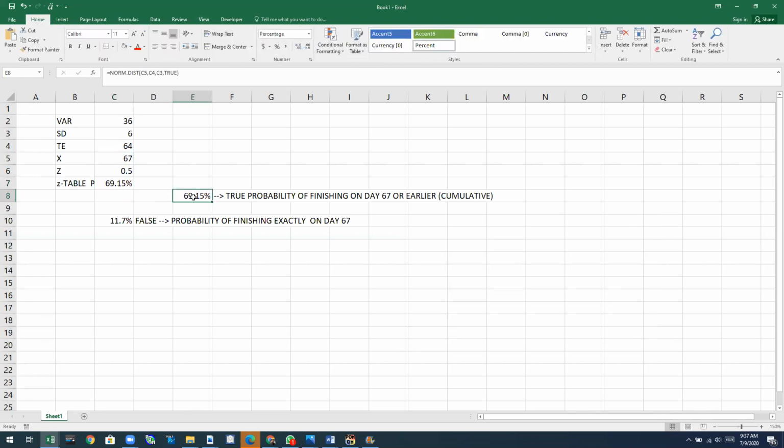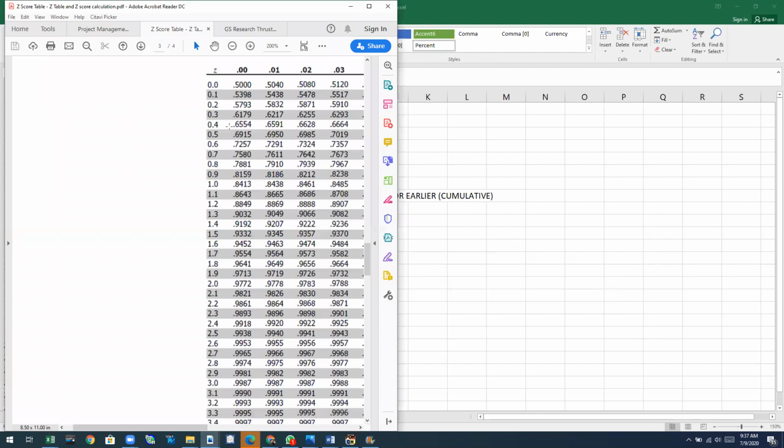It may not always be the same. When we use the table, the z value is 0.50, so we have the exact number there, but sometimes the z value can have more than two digits, and so we're going to have some differences in the number due to rounding.